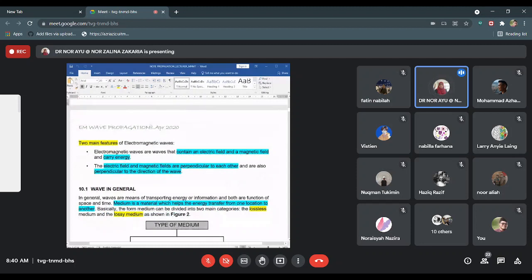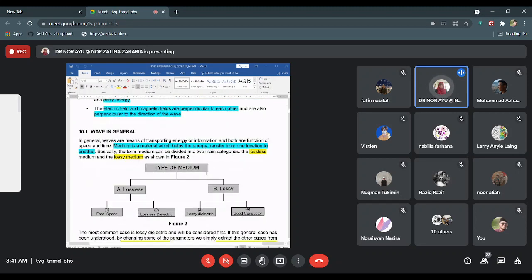All right. So, two main features of electromagnetic waves. An electromagnetic wave contains, as I said, electric field and also magnetic field, and it carries energy or carries information. And then for waves in general, here we can see the type of medium where your wave travels. A medium is a material which helps the energy transfer from one location to another.